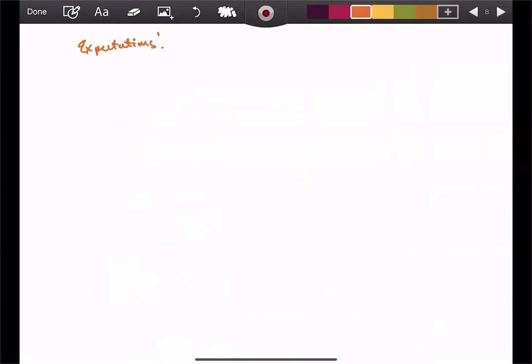So let's say we have some mass, m_r, which is the mass of the rocket, and this is going to be our final mass.